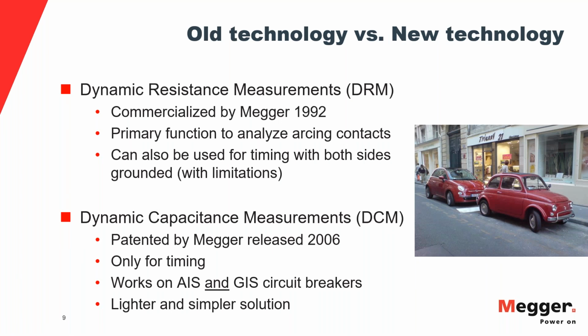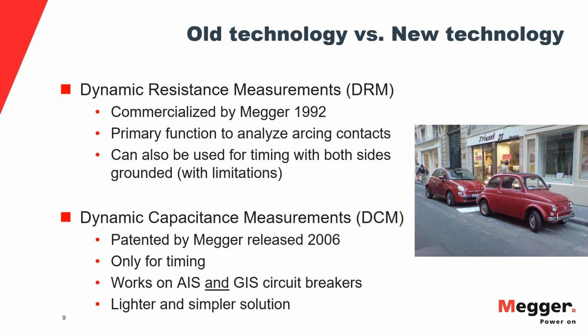Okay. So it was actually covered a bit in the presentation, but just to go through it very quickly. Dynamic resistance measurement, as it says in the name, means that you measure the resistance over time, so through an operation. This was a method that we introduced to the market way back in the 90s.